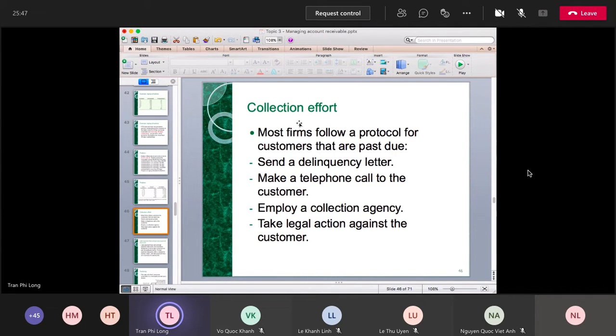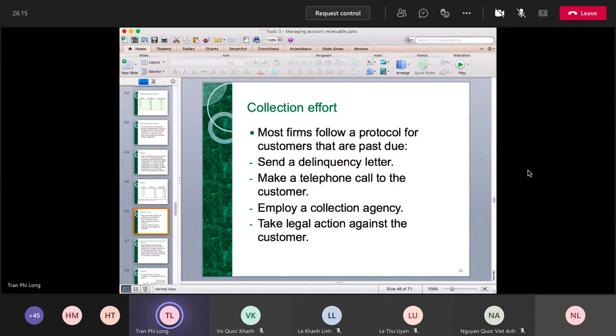Okay, this slide shows you how the company can collect the account receivable. So basically, most firms will follow a policy like this. Firstly, if they identify a late payment customer, they will send a delinquency letter to them.